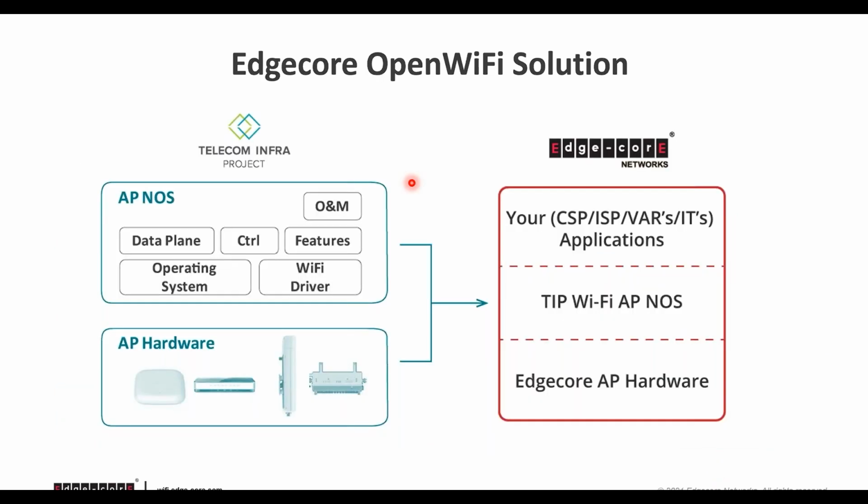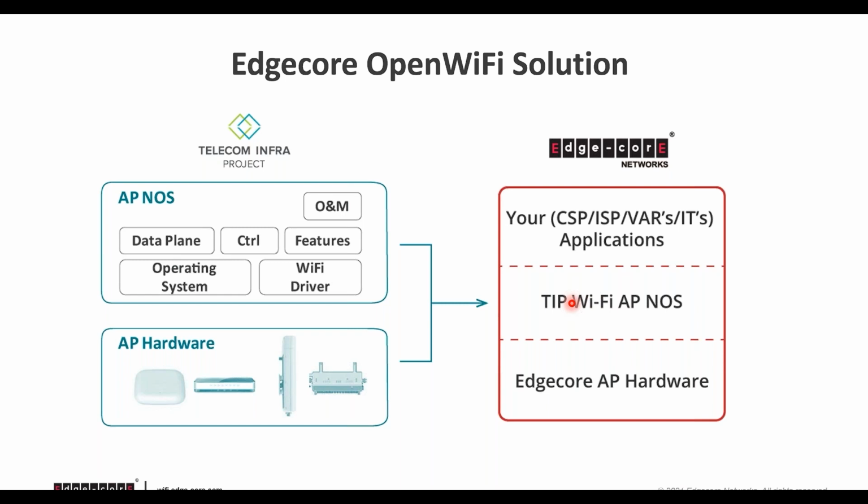And let us talk about the Edgecore OpenWiFi solution. Edgecore contributes a series of access points to the TIP and then loads the TIP OpenWiFi network operating system, like OpenWRT, and the TIP OpenWiFi continues to develop the features. And Edgecore will provide the latest software features from the TIP and enhance the web GUI setting for customers.